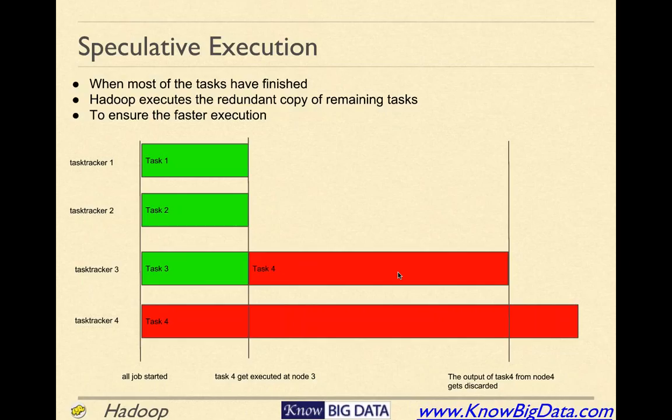So you executed, and the first 4 nodes finished and the last one is still hanging. As a matter of proactiveness, Hadoop can execute the same work which is given to the fifth one on somebody who has finished fastest amongst the 4.